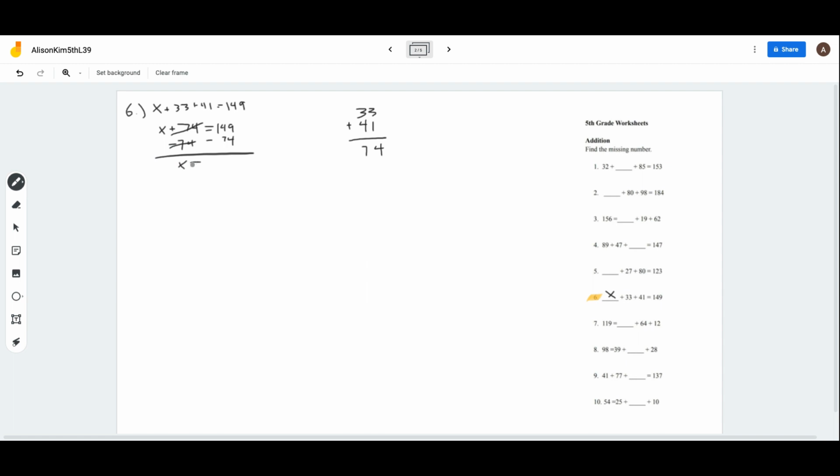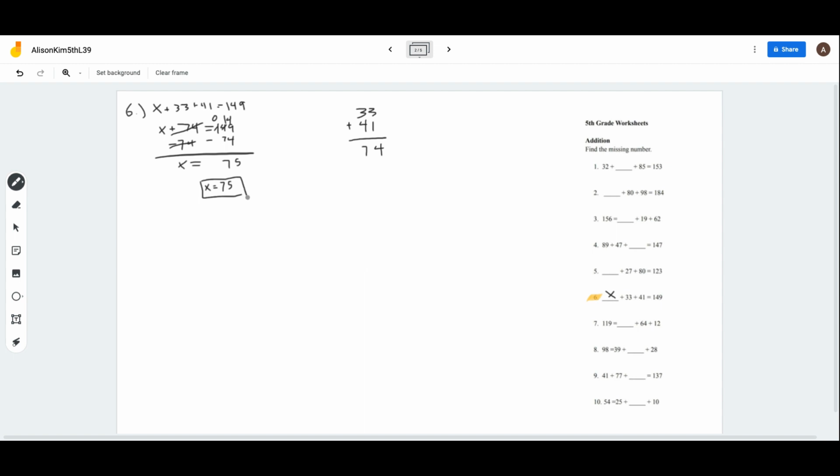Now we just have to focus on the right side, which is 149 minus 74. 9 minus 4 is 5, so we're going to put 5. However, 4 is less than 7, so we're going to have to borrow from the 1 over here. This 1 becomes a 0, while this 4 becomes a 14. Now it's 14 minus 7, which is 7. So our x, or our missing number, will be 75.